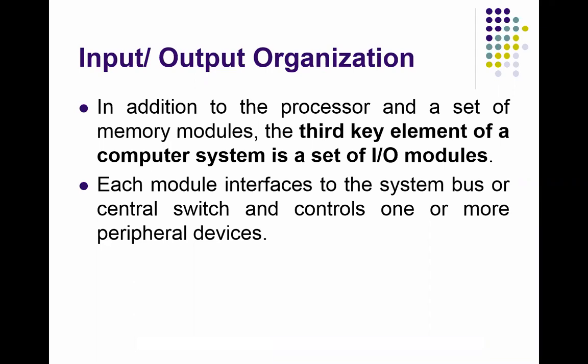So mainly up to unit number 5, our discussion is related to the memory and the processor, right? But as we know, in the computer there's a third key element, that is the IO module. The third important module is the IO module.